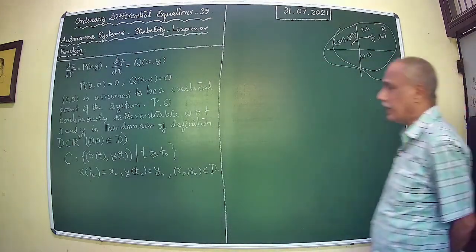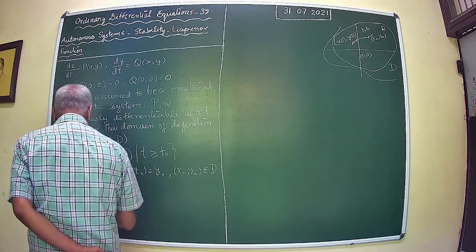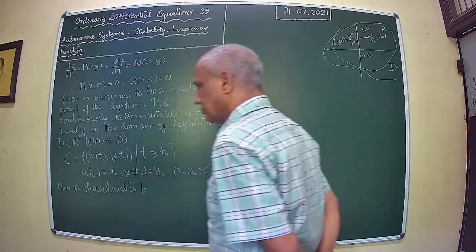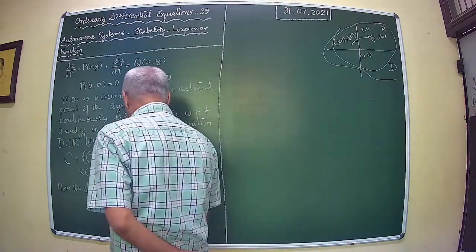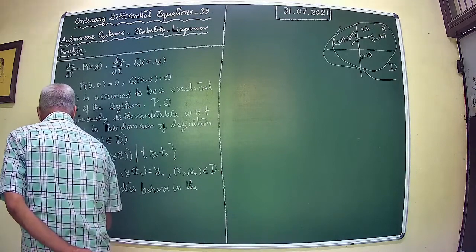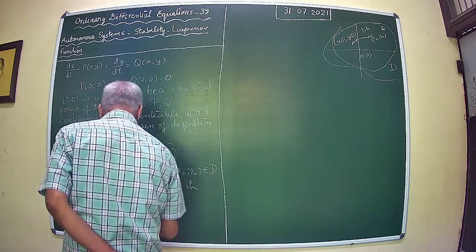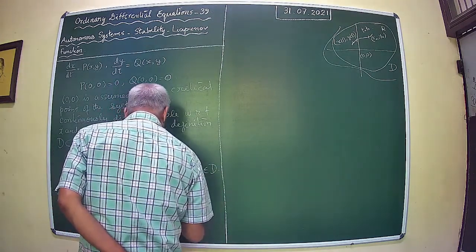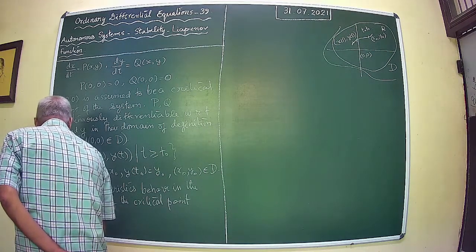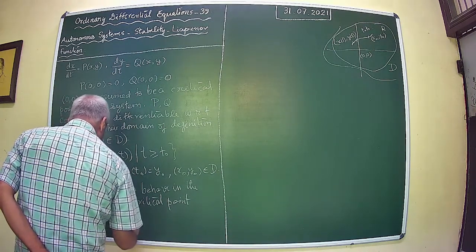We want to know how the characteristics, or what you call the flow lines, or what you call the trajectories, behave in the neighborhood of the critical point, which is also the equilibrium point (0, 0).